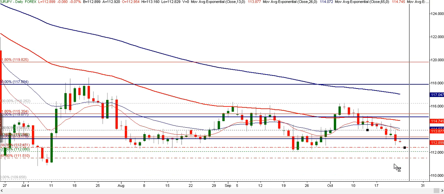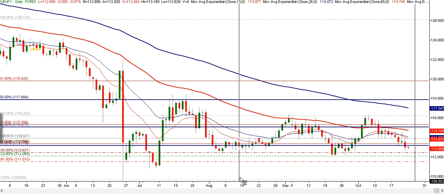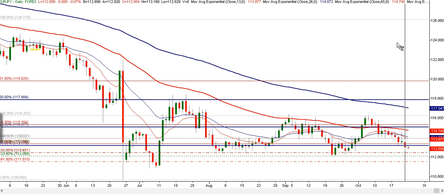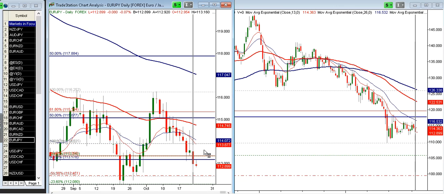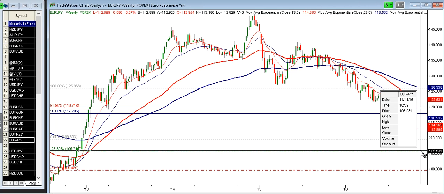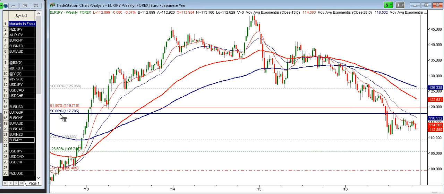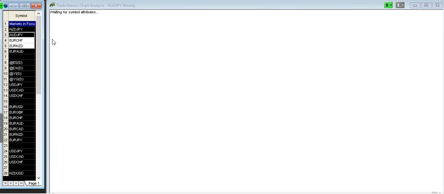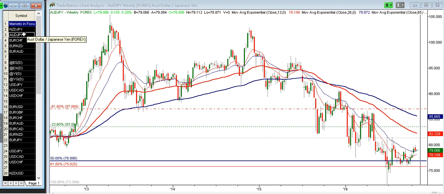Once this market loses the lows here, we're probably going to see a lot of bulls give up, and then this market could quickly move into 105.74. So definitely this is a market that should be followed next week, and something that you're going to be interested in.